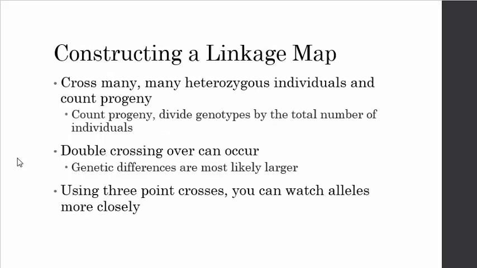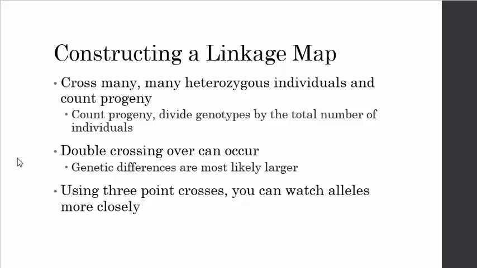There's a lot that we can do with these linkage maps. To construct a linkage map, you have to cross many heterozygous individuals, and then you count the progeny. Once you get them counted up, you divide the individual genotypes by the total number of individuals in your system, and that will give you the percentage of crossing over events that happened in each of those meiotic divisions.